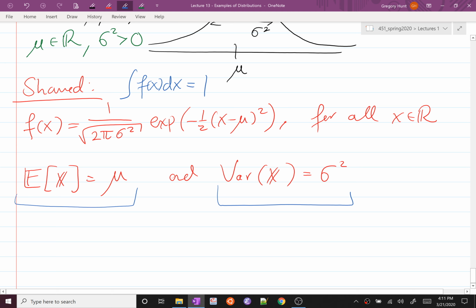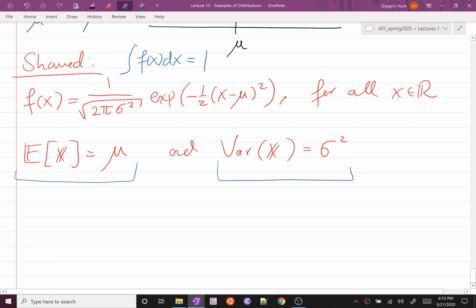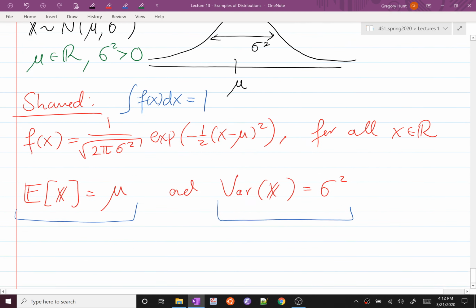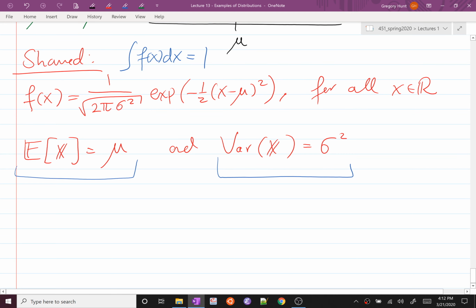Or we showed it for a simple case that it's 1, and we now should be able to show that the mean and the variance are indeed as we think they are, mu and sigma squared. So let's look at how to do this.